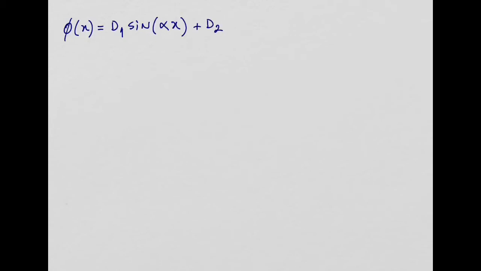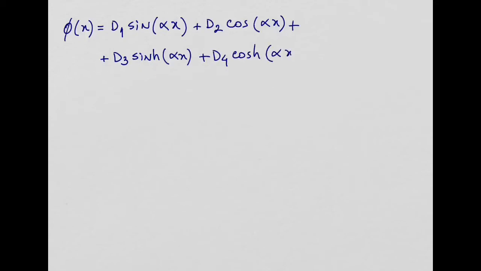Plus d2 cosine of alpha x plus, I'm going to continue here, d3 hyperbolic sine of alpha x plus d4 hyperbolic cosine of alpha x.